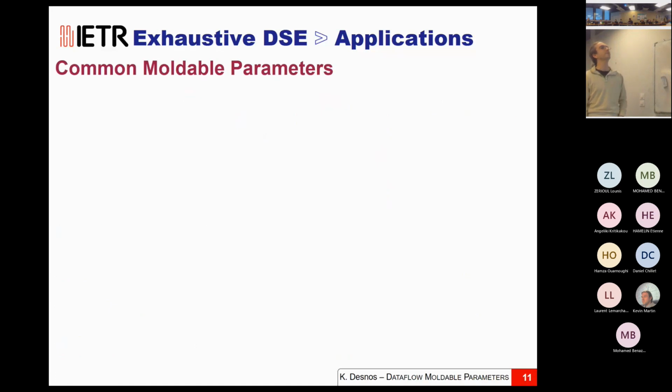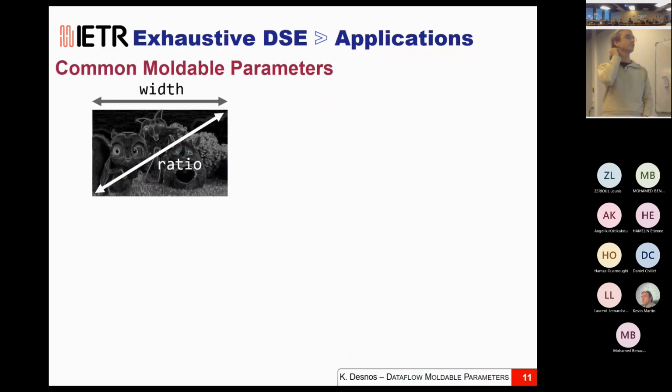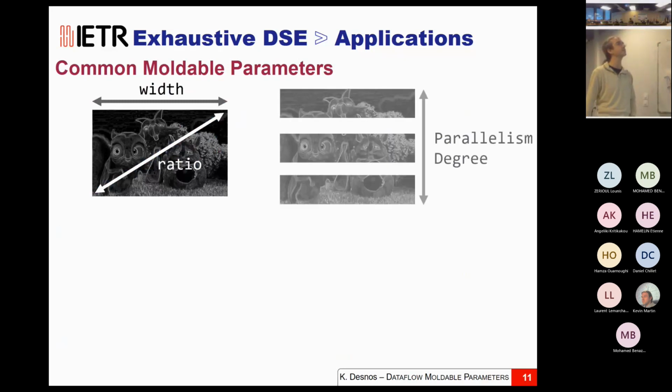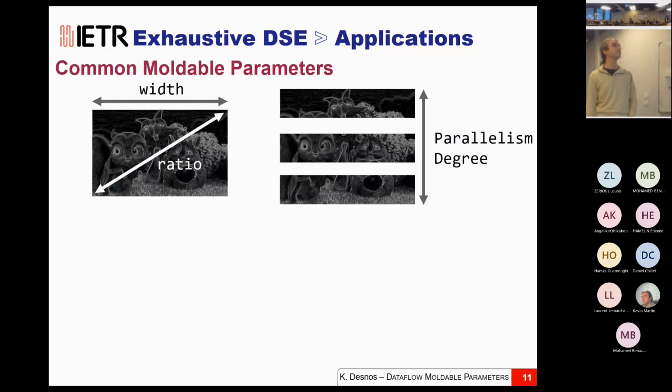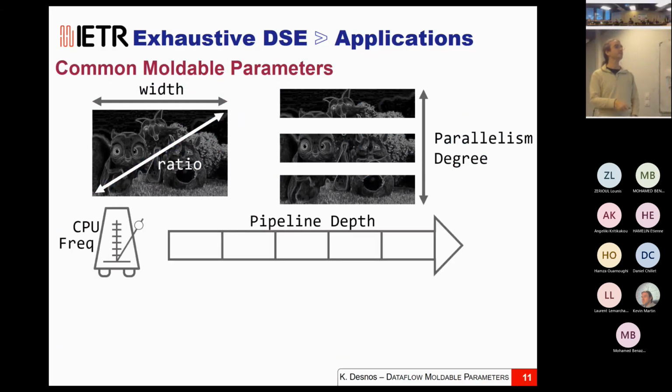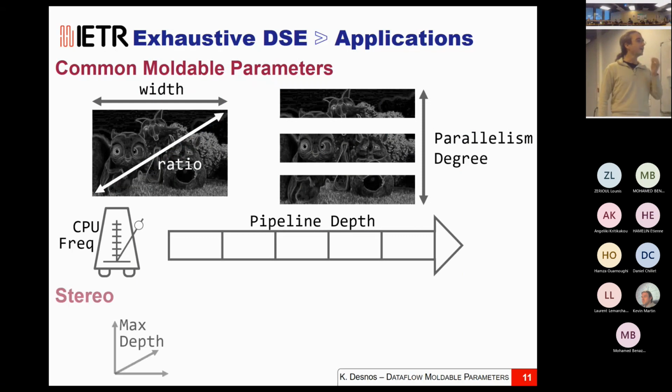A few of the moldable parameters in these applications are common to all of them. First, we have the resolution of the images that we can process. We have the degree of parallelism. We have the clock frequency and the depth of the pipeline that we can configure. We have a few parameters that are specific to some applications.